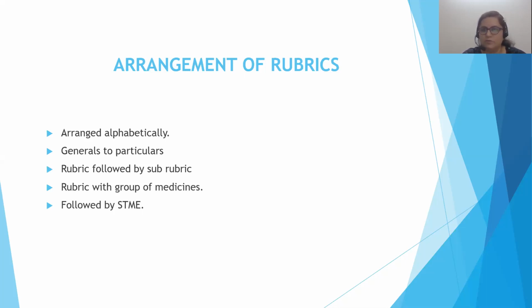So this is my request to all of you: go to Kent's Repertory. Whatever we've done today, go back to it. Try and follow those things. Try and correlate the things which have been mentioned in this presentation to the book, and understand how the things are correlated. That is how we can learn more about the repertory.